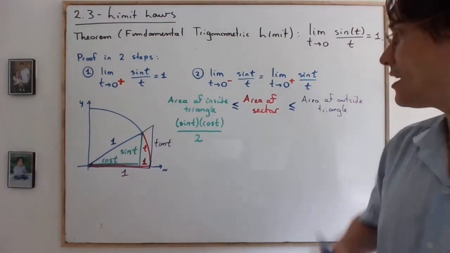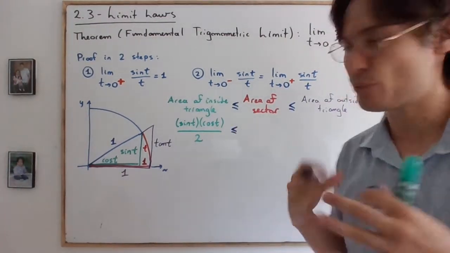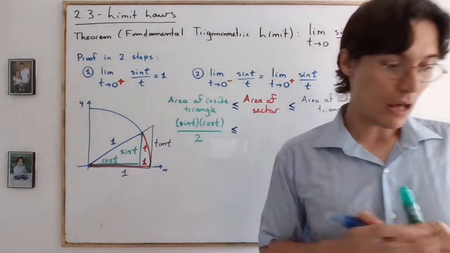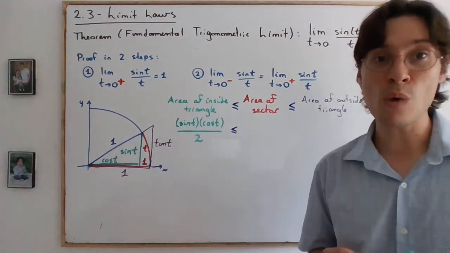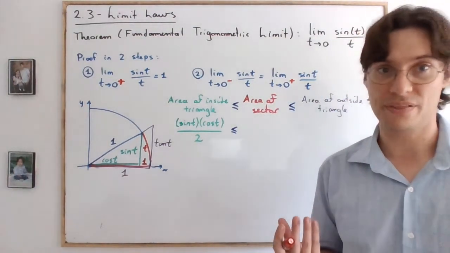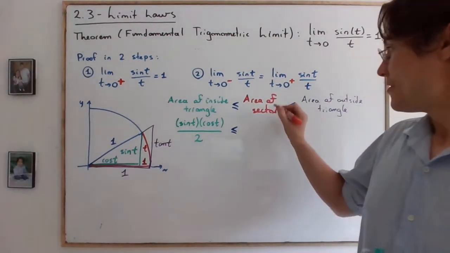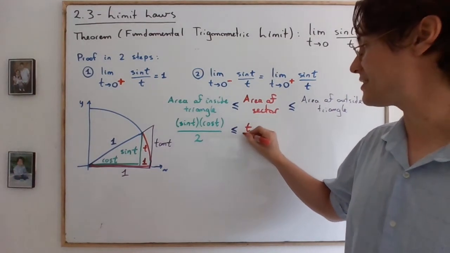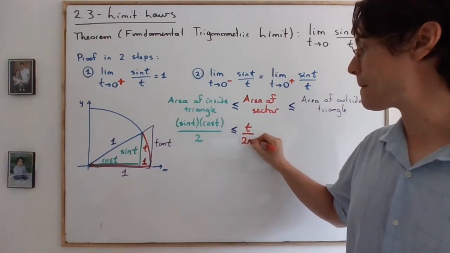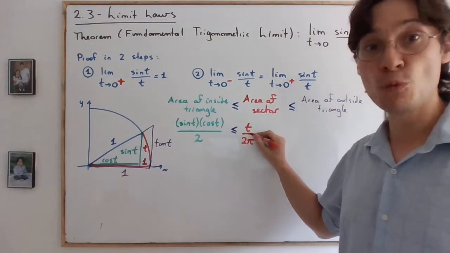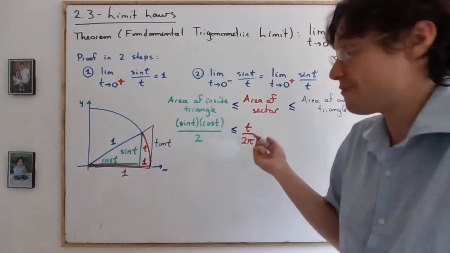The sector is the hardest to wrap our head around. It relies on the fact that we know the area of a full circle, that is pi r squared. So the fraction of the whole circle that this sector takes is t over 2 pi, where 2 pi is the full angle, the full revolution.